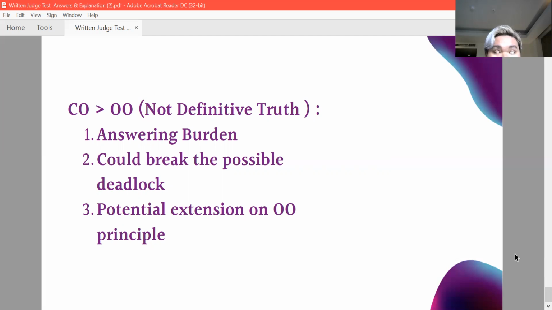I know they did not point it out explicitly, but it could be a small point to see their contribution. Of course, this is just how we see the debate based on the potential argument and the positive argument. And that's the reason we give CO over OO.